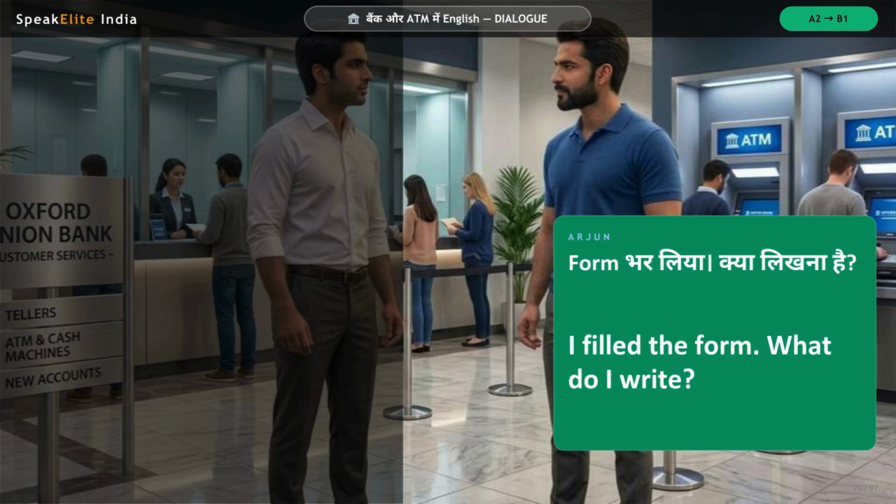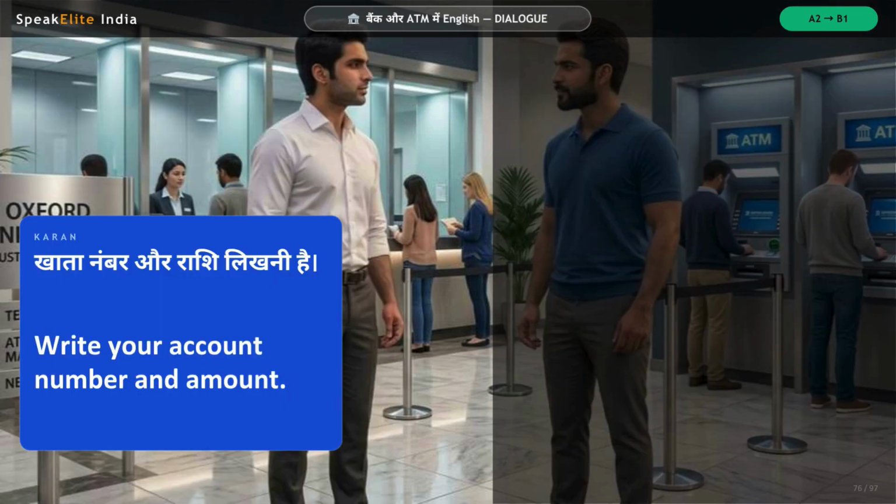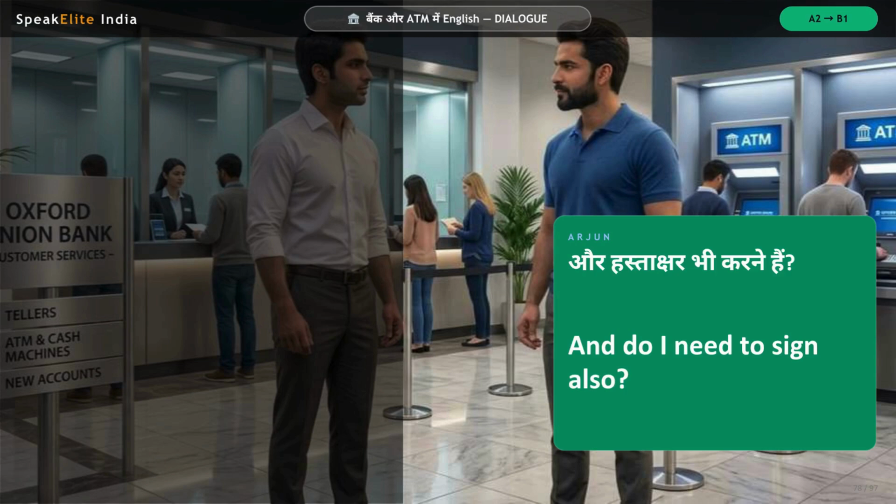I filled the form. What do I write? Write your account number and amount. And do I need to sign also?